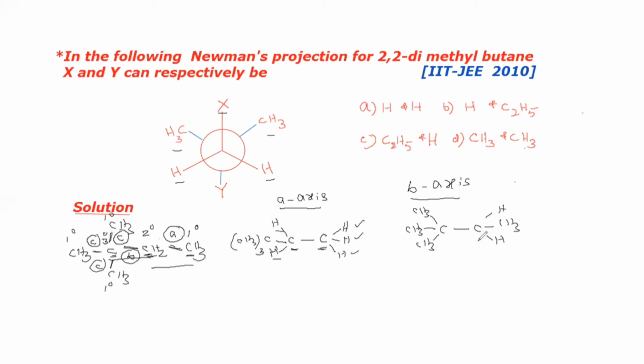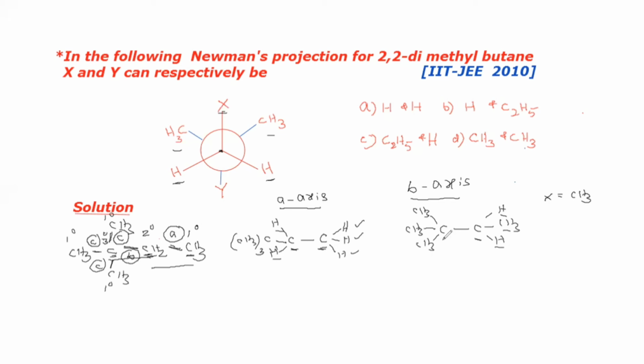Now this carbon is matching with the front side carbon. Why? Because here and there two groups are hydrogens. One more group is methyl here, and here X. That means X can be methyl.